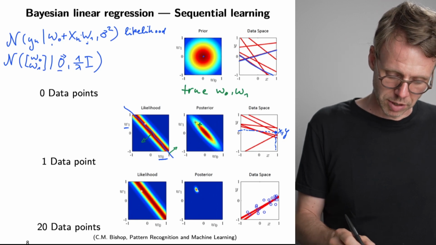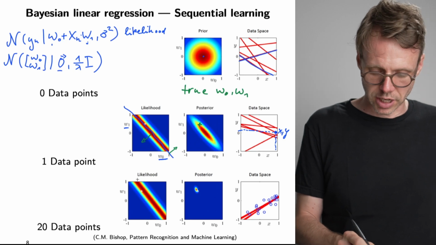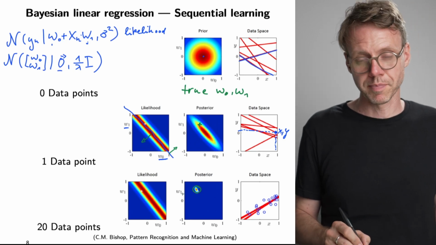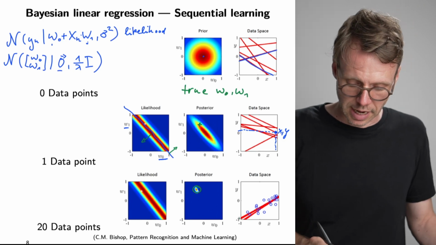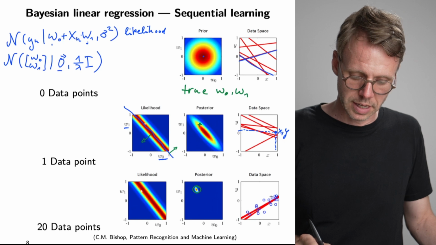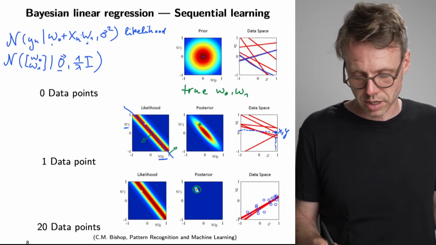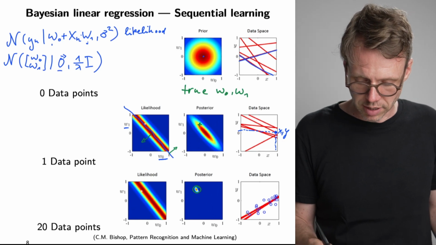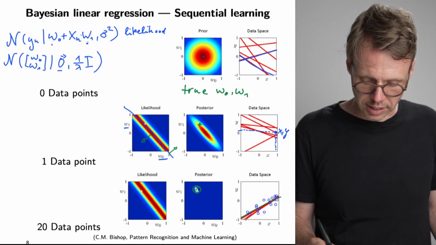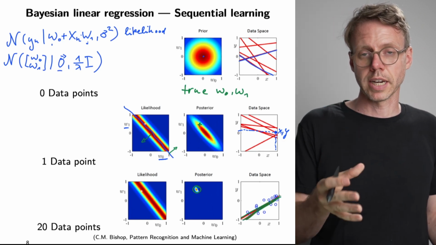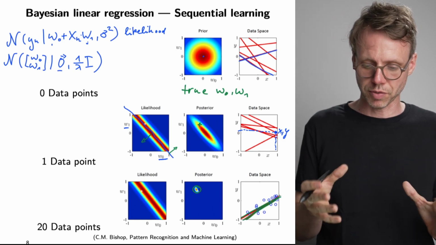the posterior combined again with such a likelihood will create a posterior that is very peaked. If we sample from this posterior distribution, we will now not get arbitrary functions, but only functions that are compatible with our 20 training data points that we have observed so far.